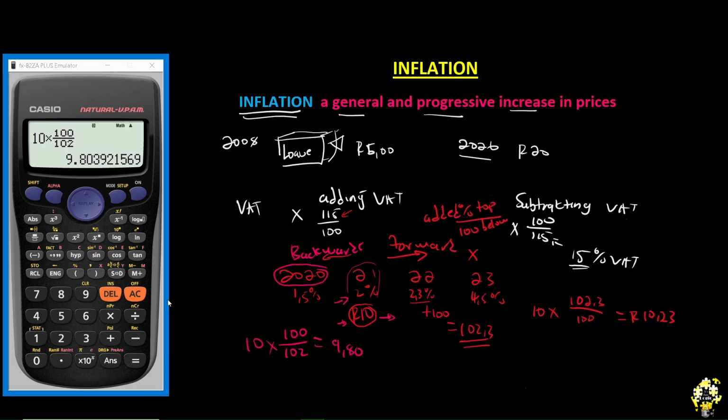So it becomes like this. When we are going backwards, 100 on top, added percentage below. You do this, you are never going to get it wrong, because it is as simple as this.